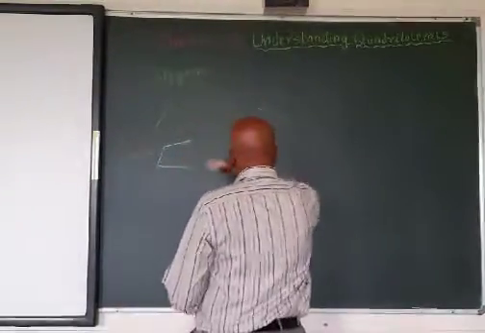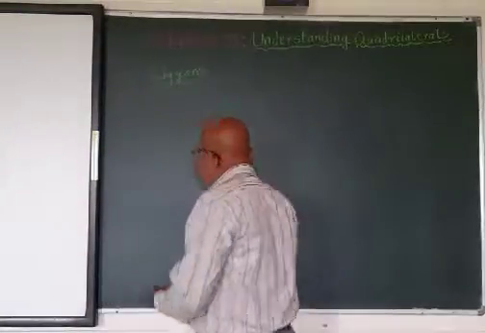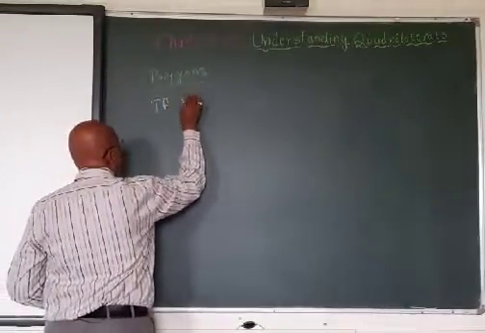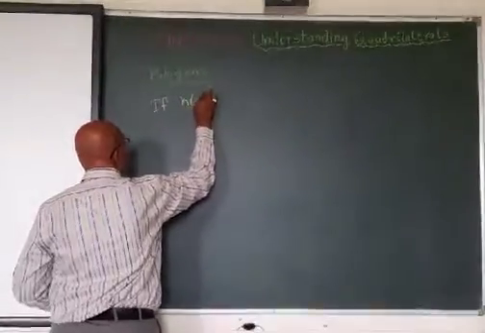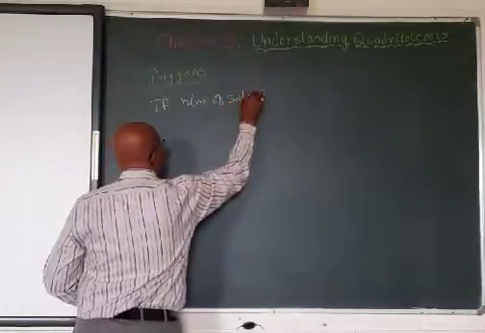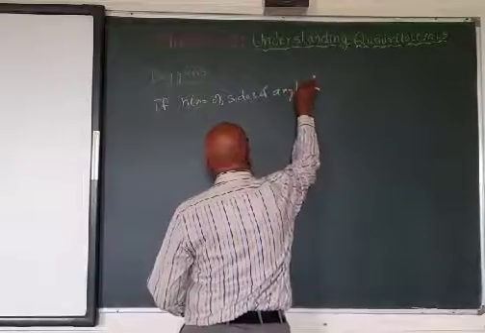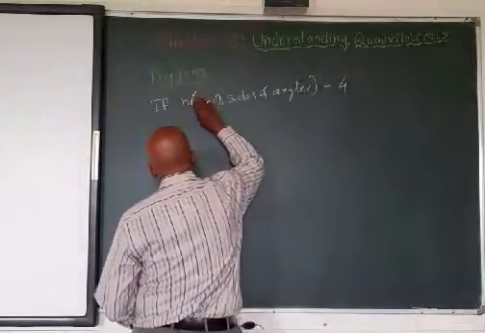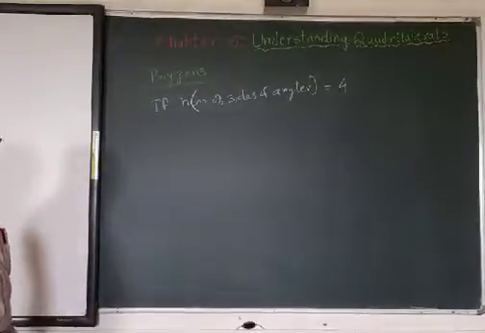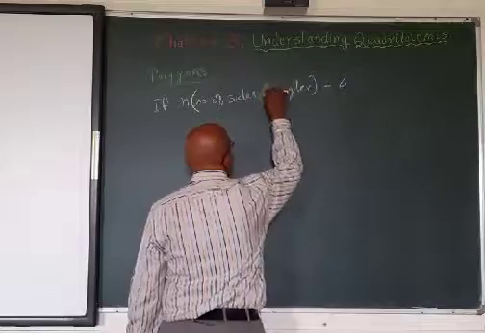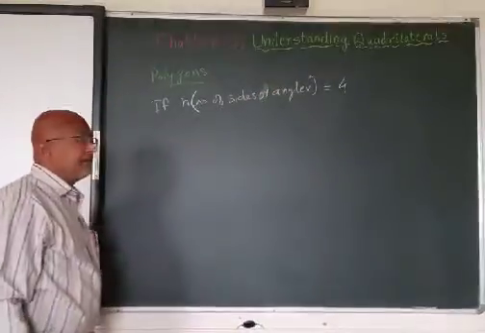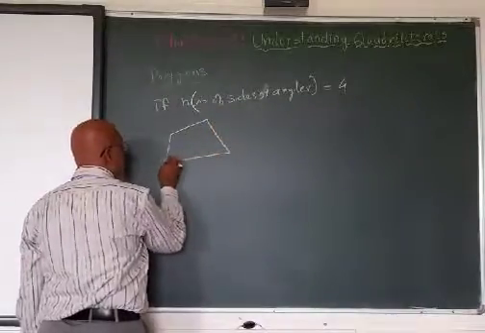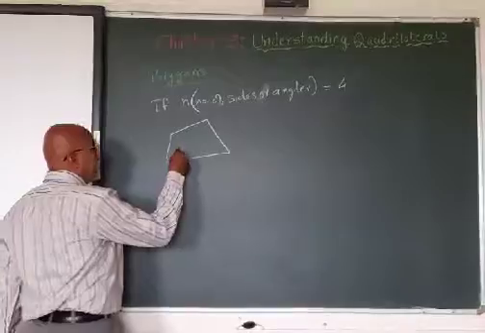Now in a polygon, if n, that is the number of sides and angles, is equal to 4, then such a figure or polygon is known as a quadrilateral.